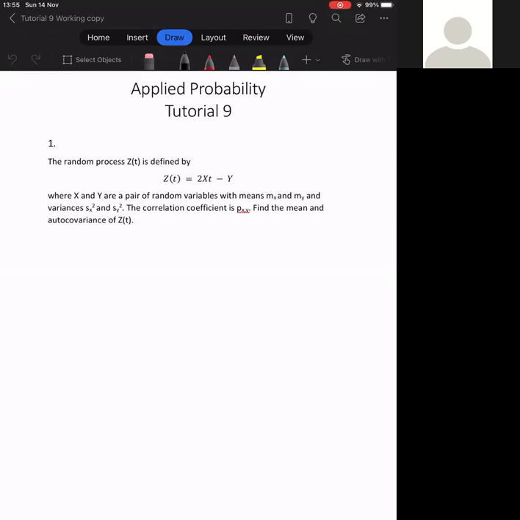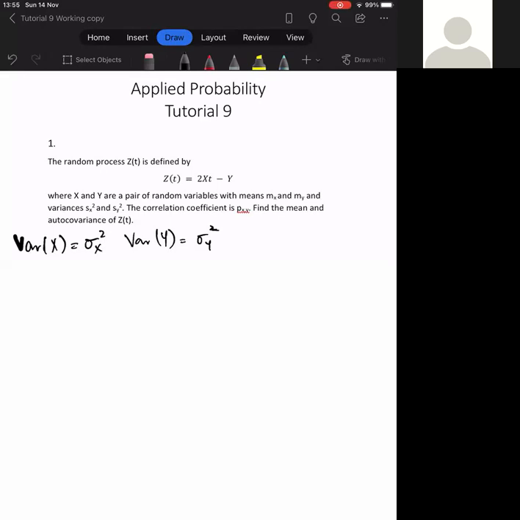I'll just write this as variance of X equals sigma x squared and variance of Y equals sigma y squared. I'm just used to writing it, so I'm going to define this beforehand. The correlation coefficient is rho sub xy. Find the mean and auto covariance of Z of t.